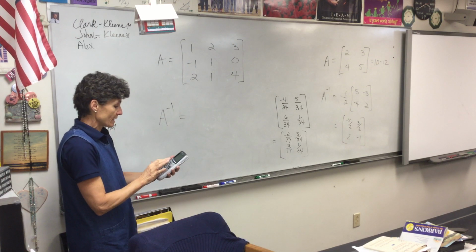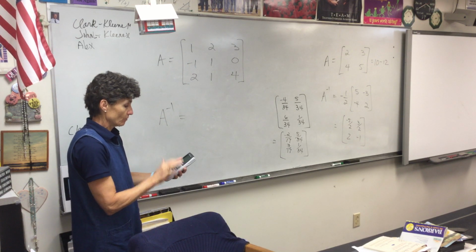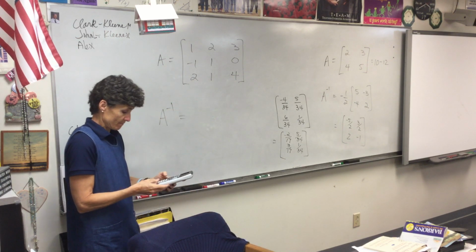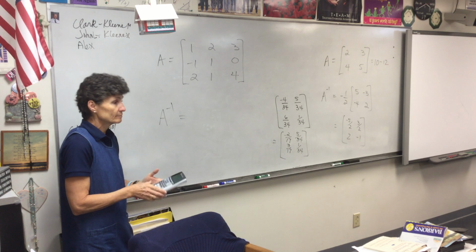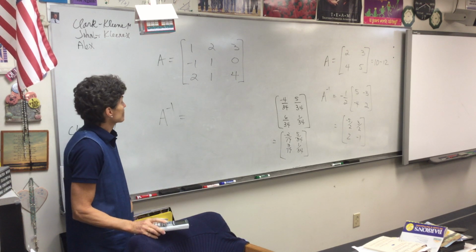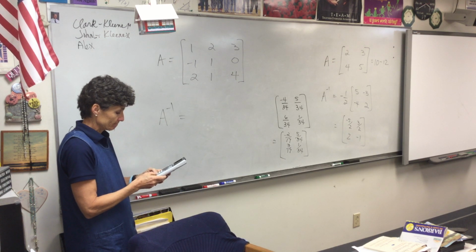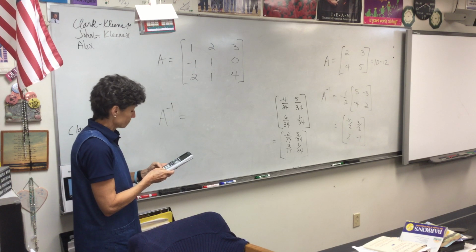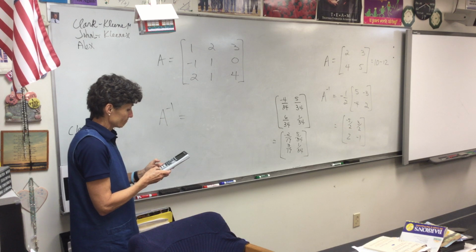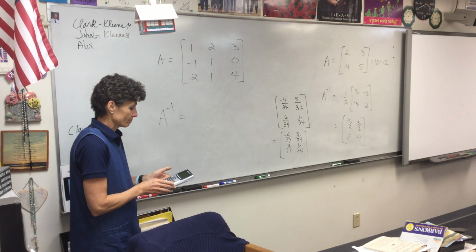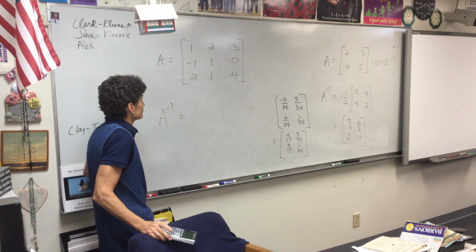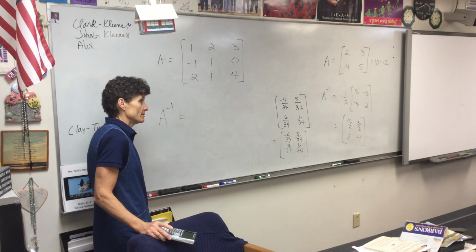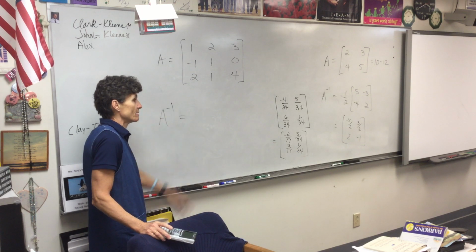So we just go straight to the calculator, over to edit, and now we're going to have a 3 by 3. Just put it in. Once you get them all in, remember, this is true of everything we do with matrices.